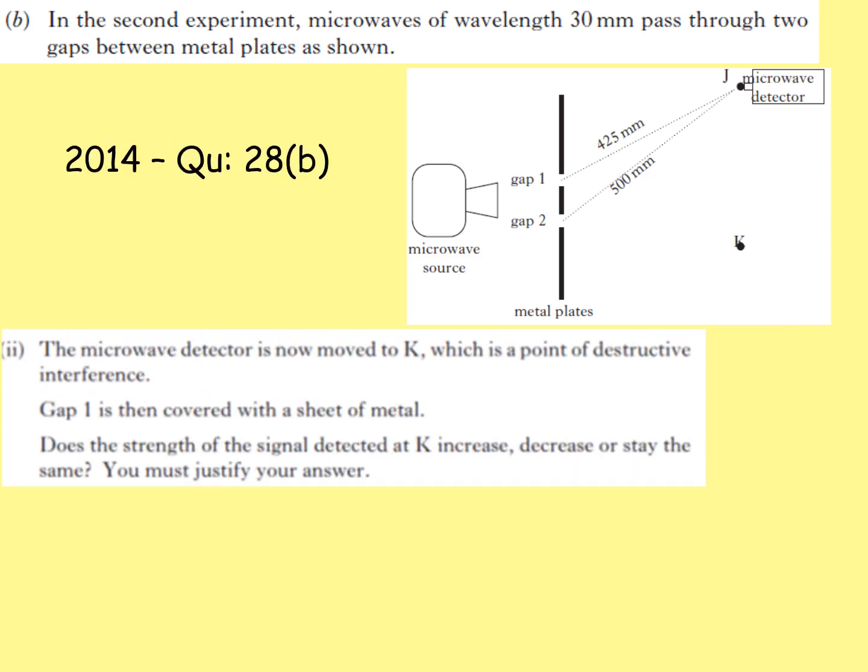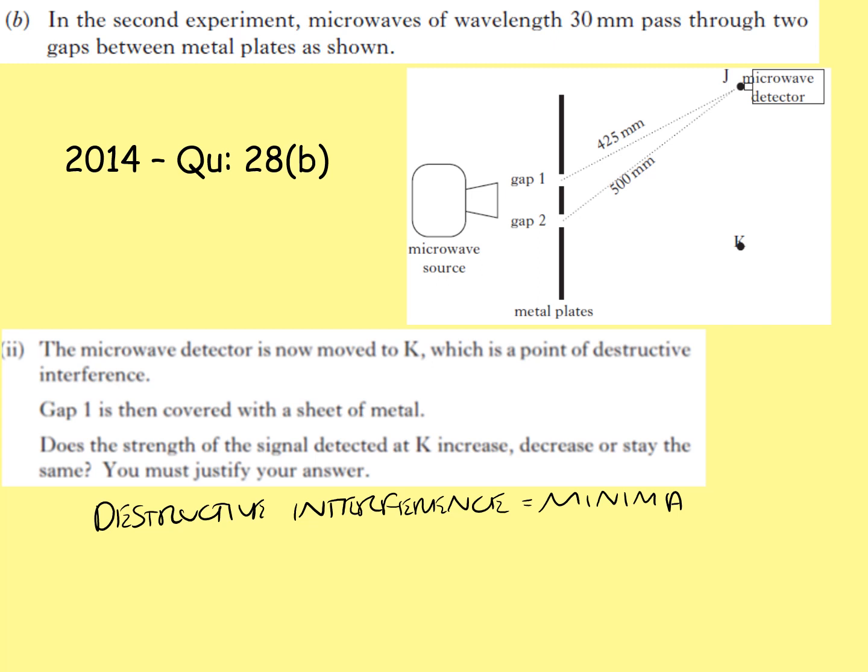Having a look at the second part, we need to determine if the signal strength is going to increase, decrease, or stay the same if we cover one of the gaps, looking at point K where we know we have destructive interference. Now remember, for destructive interference, we experience a minima. The minima is occurring because part of the wave is being cancelled out, potentially all of the waves being cancelled out by another wave.